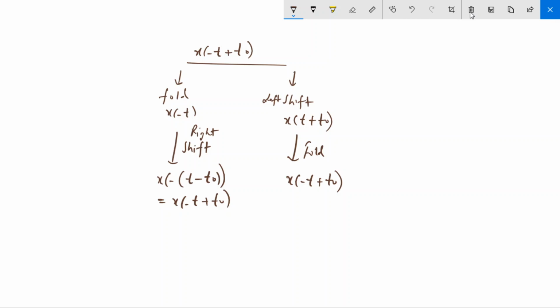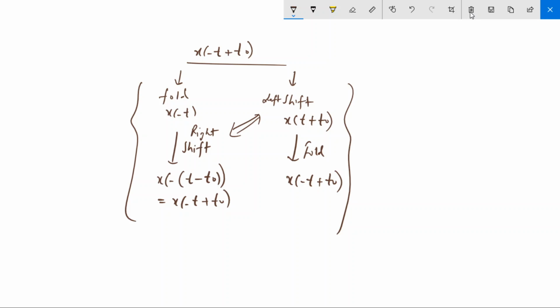Okay, so either you can apply first fold then shift, or first shift and then fold, but you have to take care of this delay or shifting operator. In one case it should be a right shift, in one case it should be a left shift.